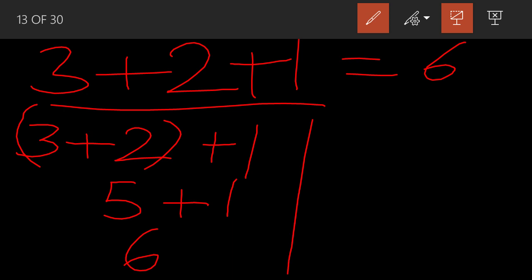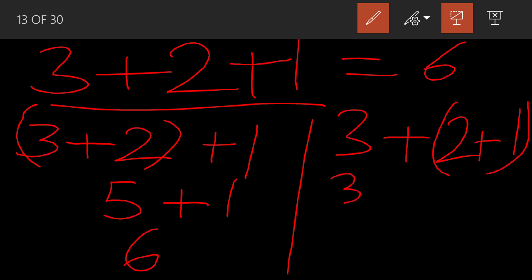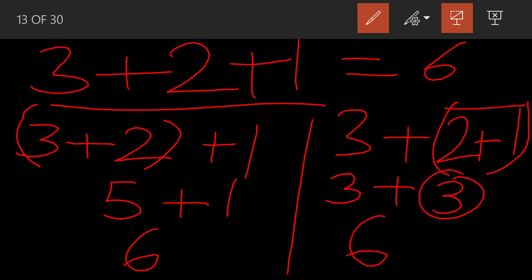Now, when we are grouping 2 and 1 together, it means 3 plus 3. From where this 3 came? 2 plus 1 is equal to 3. So 3 plus 3, 6. It means grouping of any two addends does not cause any change in the answer. Answer remains same.